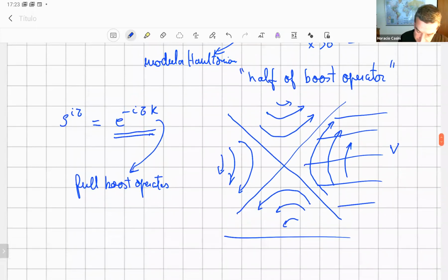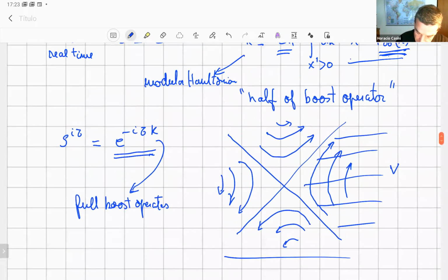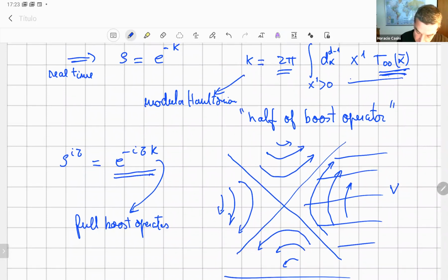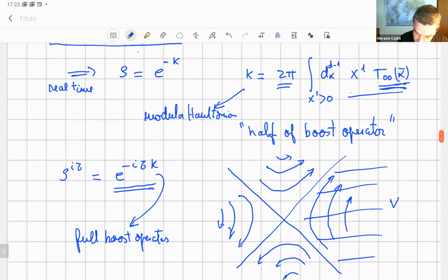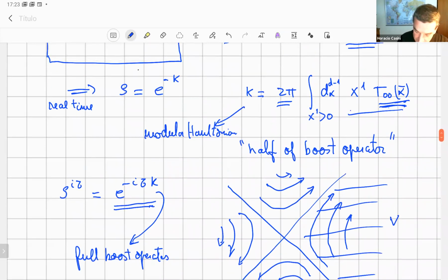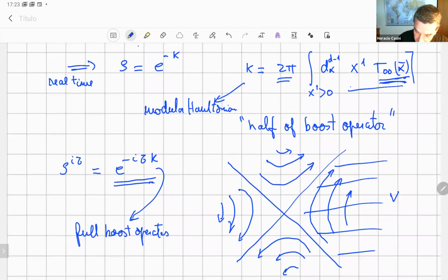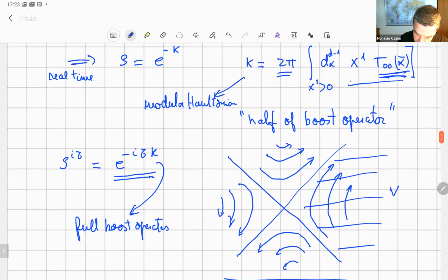And so we see that from the vacuum state, reduced to half a space, we get the boost operator. And somehow the information of the stress tensor of the theory, the energy density operator of the theory, is in the density matrix of the vacuum state.